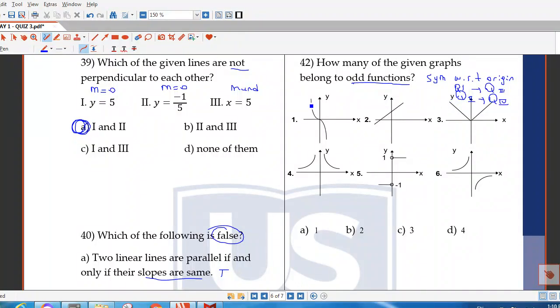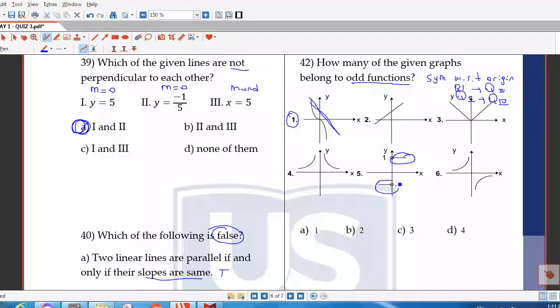If I look at the first one, second quadrant and fourth quadrant, so it is the graph of an odd function. I cannot see any symmetry here, so none of them. There is symmetry with respect to y, not for an odd function. There is symmetry with respect to y, not for an odd function.